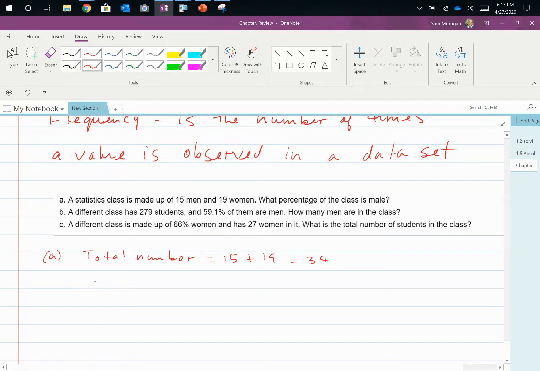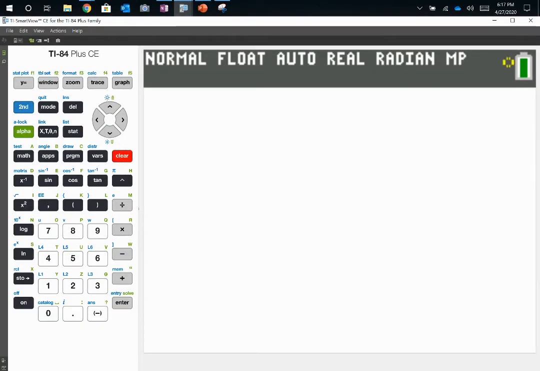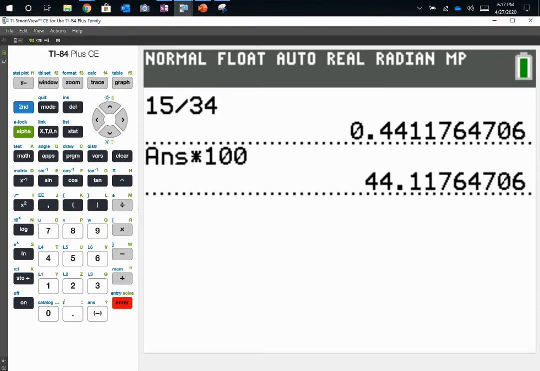So percentage male is 15 over the total of 34 times 100. You want to go to your calculator for this. 15 divided by 34 times 100, and round this to one decimal place, so 44.1%.